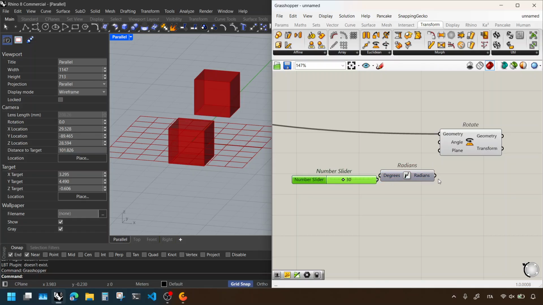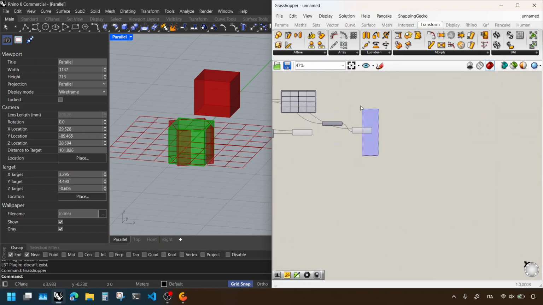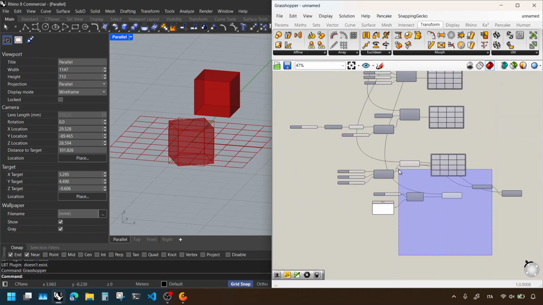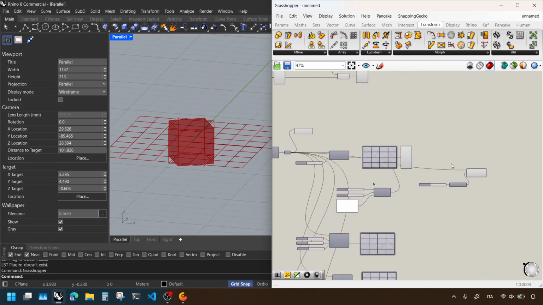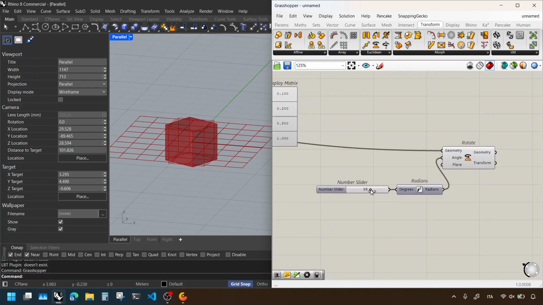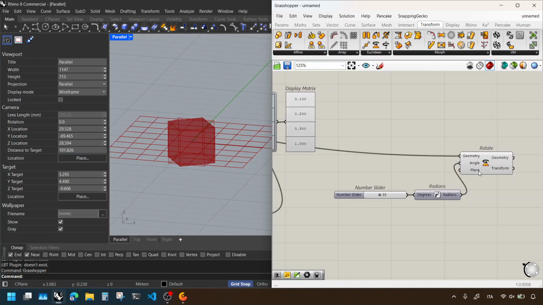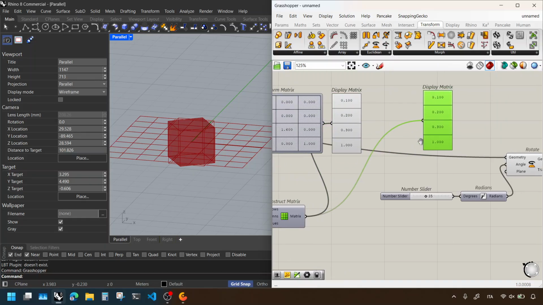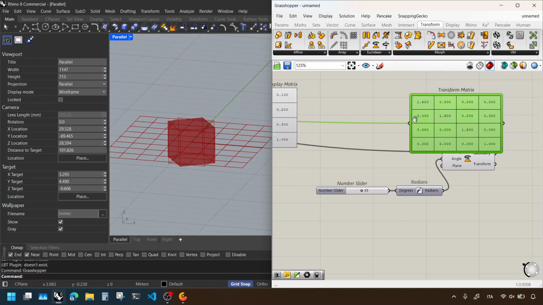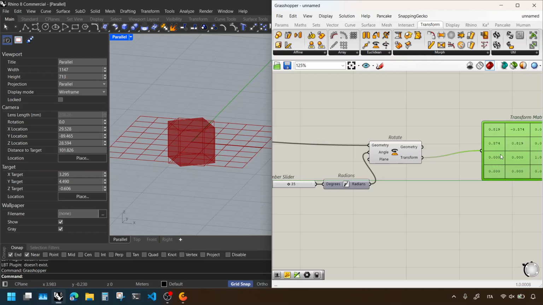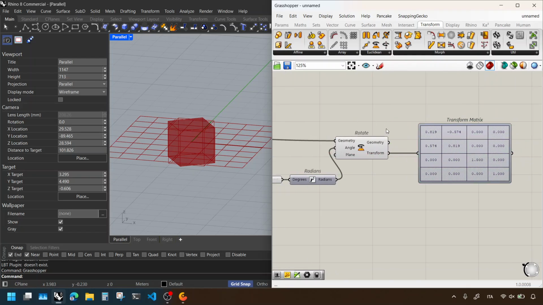Let's drop it in. This is the rotation by 30 degrees, and let's hide these because we don't like them very much. Okay, and indeed we get a rotation around the z-axis in this case because the plane is defined as x, y, and then we can also display this transform there.